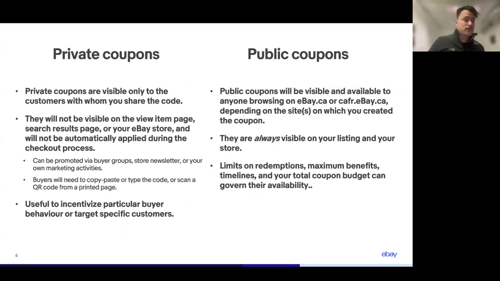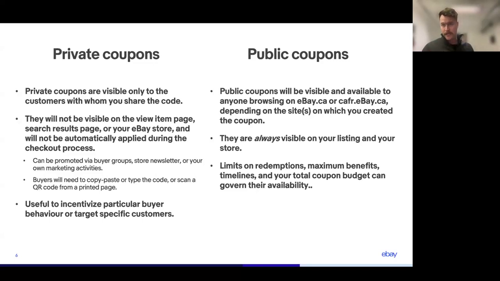So just to distinguish, because this is probably the first thing that you're considering, certainly the first thing you look at when designing a coupon campaign, is private versus public. Private coupons are only going to be visible to those customers that you actively share the code with. As opposed to a public coupon, which, when you push it live, is available to anybody who's eligible to receive it.